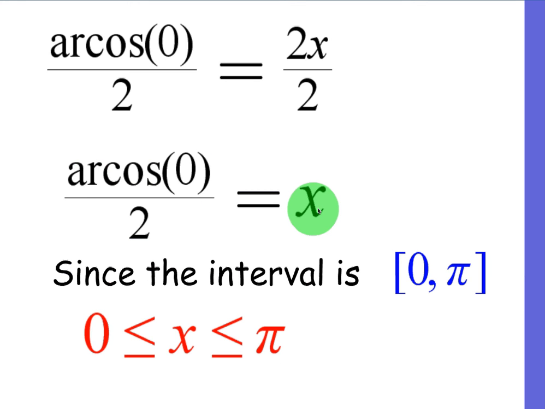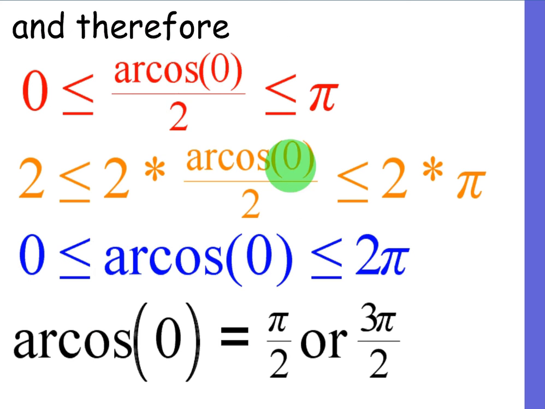And now comes the part where we use the given interval. We were given the interval of 0 to pi, right? And so we know that x is between 0 and pi, including those values because of the bars. Well, if arc cosine of 0 over 2 equals x, we can replace the x with arc cosine of 0 over 2, which is what we're going to do.